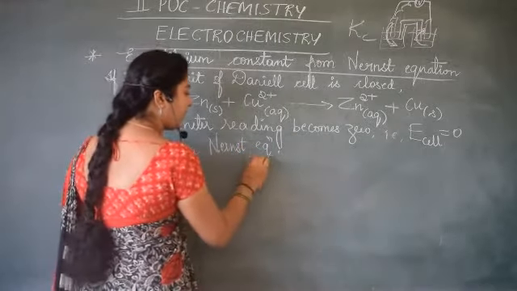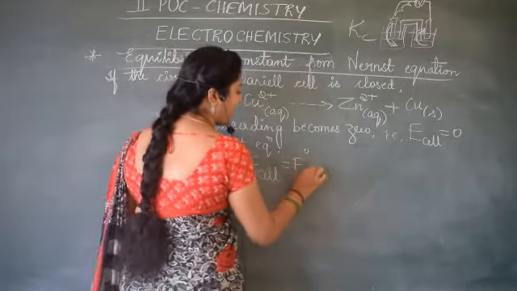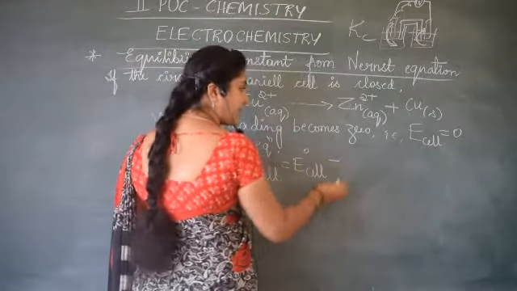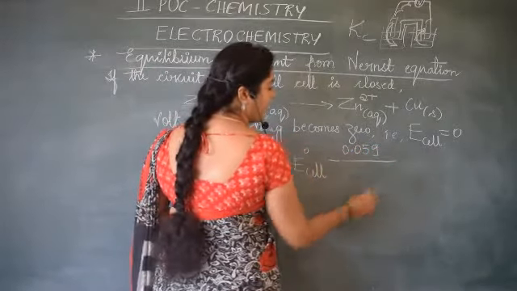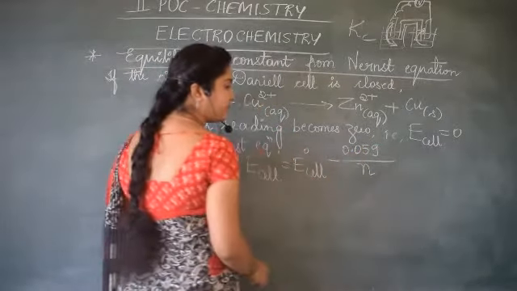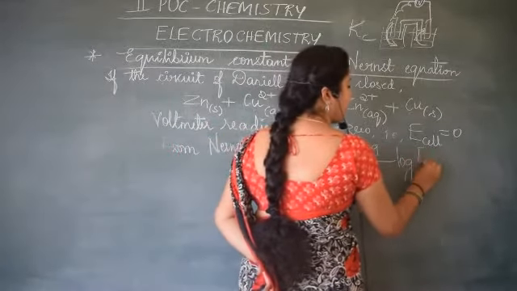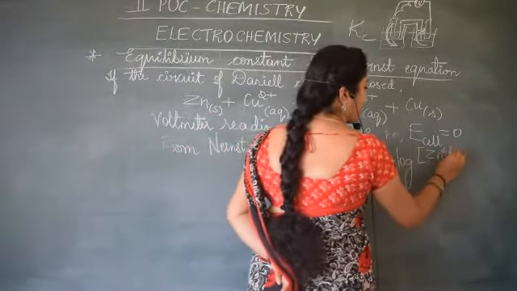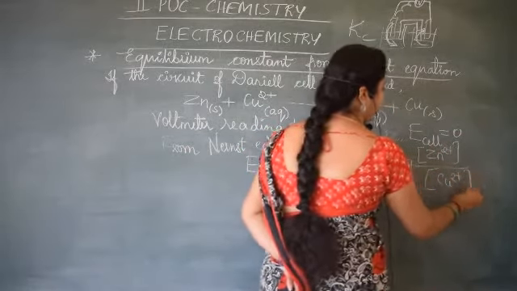We have E cell, that is cell potential, equal to standard electrode potential minus 0.059 volt divided by n, log of, since it is Daniell cell, Zn2 plus concentration divided by Cu2 plus concentration.